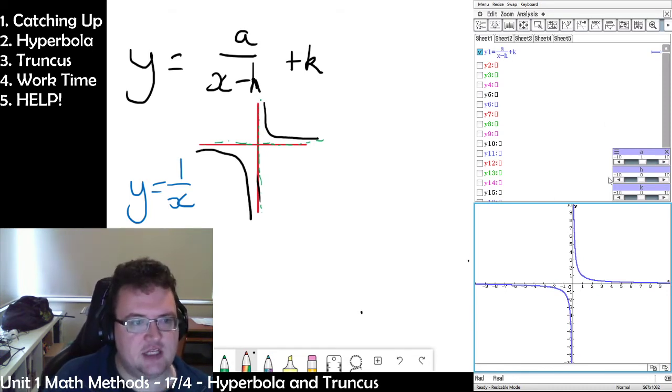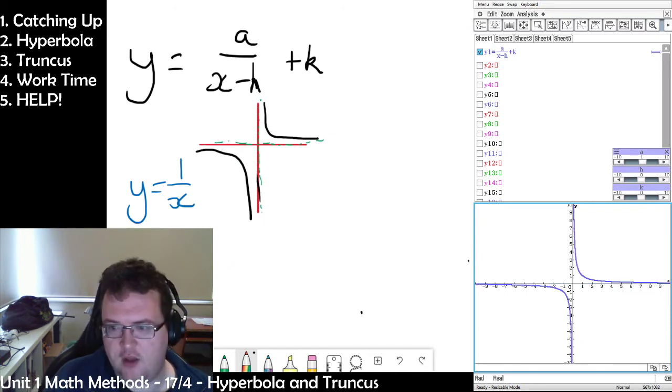Obviously if A is equal to 0, we don't have a graph because everything's just divided by 0. Right now we have our hyperbola, and as you can see, there are those asymptotes running up and down and left and right.